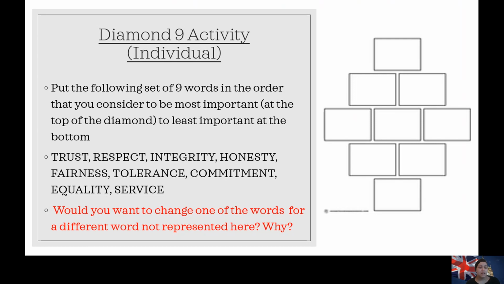We have honesty, fairness, where you treat someone the way you would like, and you treat someone the same way in which you treat another person and don't have any favorites. We have tolerance, which is accepting others, commitment, equality, also the same, treating people equally, and service. It's almost like how you are towards others, your kindness towards them, how you treat them.